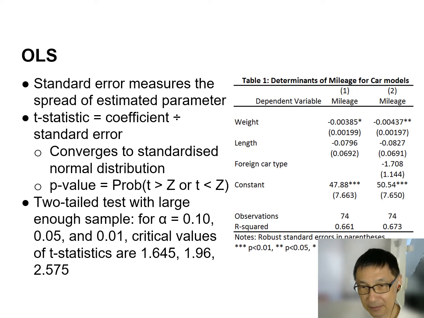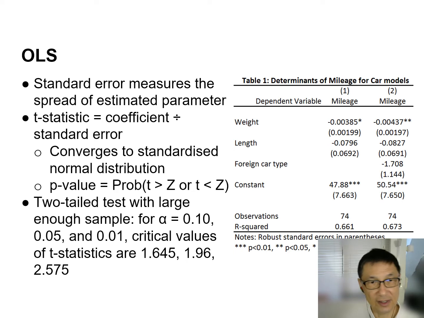To compute the t-statistic, we would divide minus 0.00385 by 0.00199. That is the t-statistic.